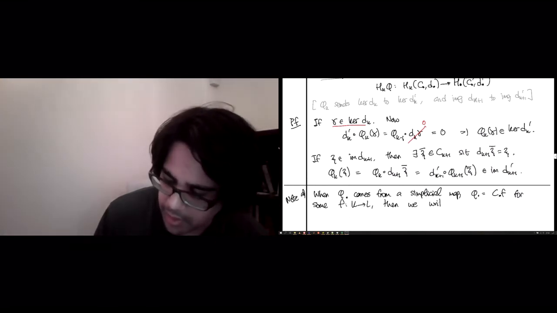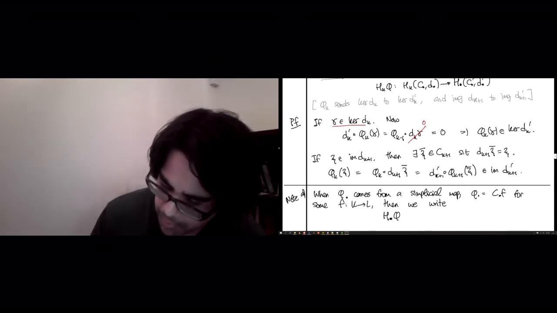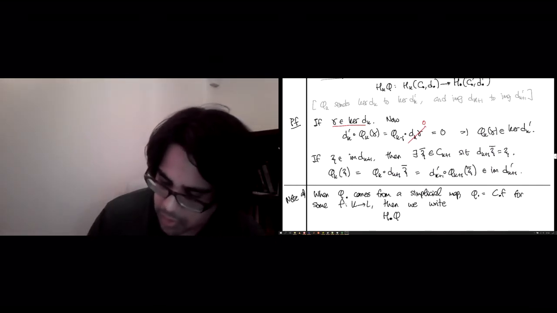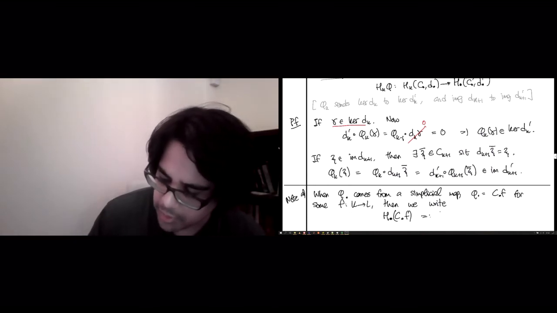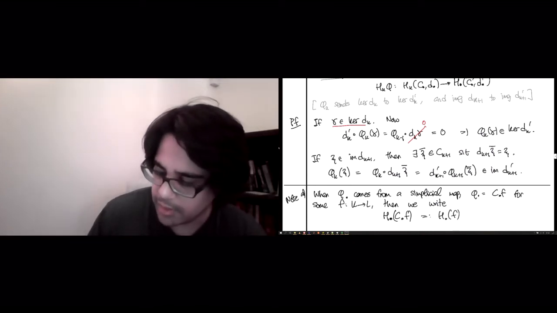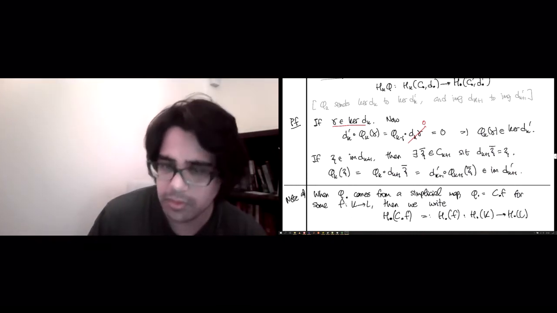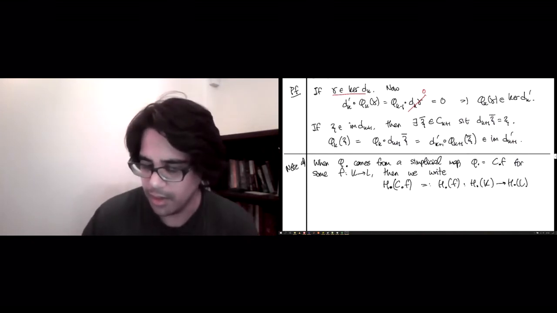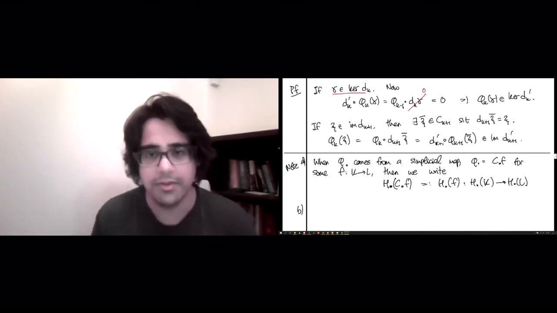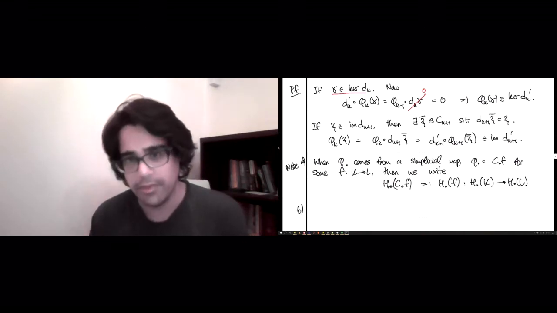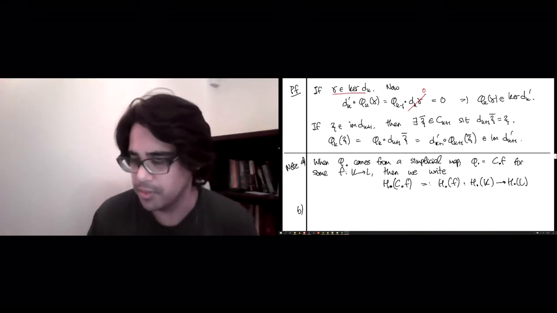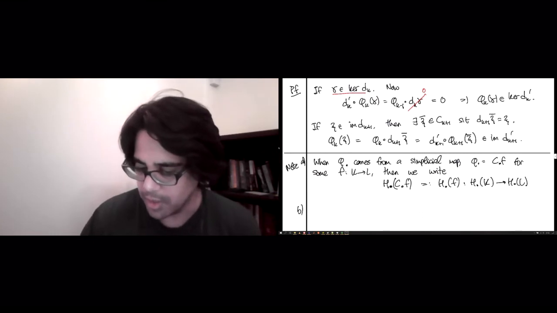We will write the induced map on homology, instead of writing H of C of F, we'll just write H of F. And this is going to go from the homology of K to the homology of L. So just a shortcut there. Anytime you say H of a simplicial map, you really mean H of the chain map induced by that simplicial map. So that's a minor shortcut.